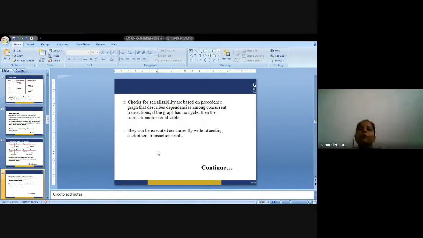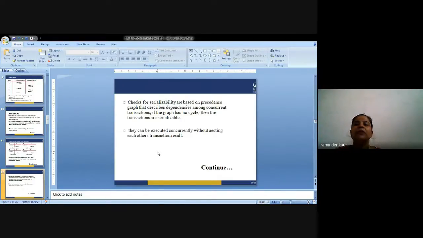So we check for serializability based on precedence. Precedence means we can draw a directed graph. Directed graph means from TI to TJ there will be a directed arrow, and there could be only one directed arrow, because if it forms a cycle, then it is of no use.